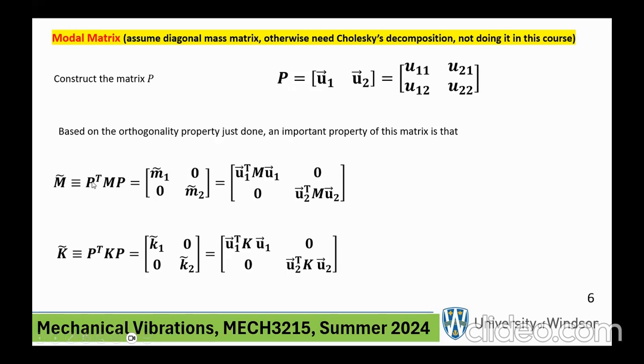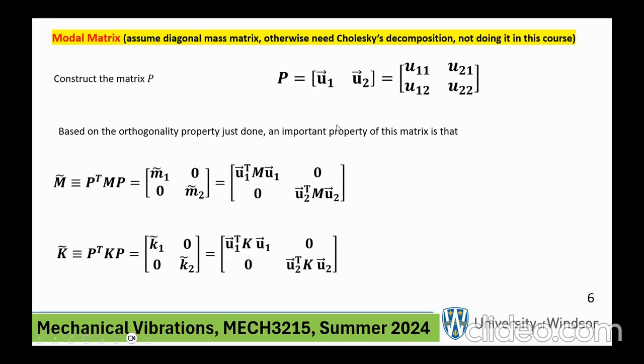So the transpose of P is just this thing, except that rows and columns are interchanged. And if you write this thing down, you see that you get a diagonal matrix, M tilde, which by definition is P transpose MP.